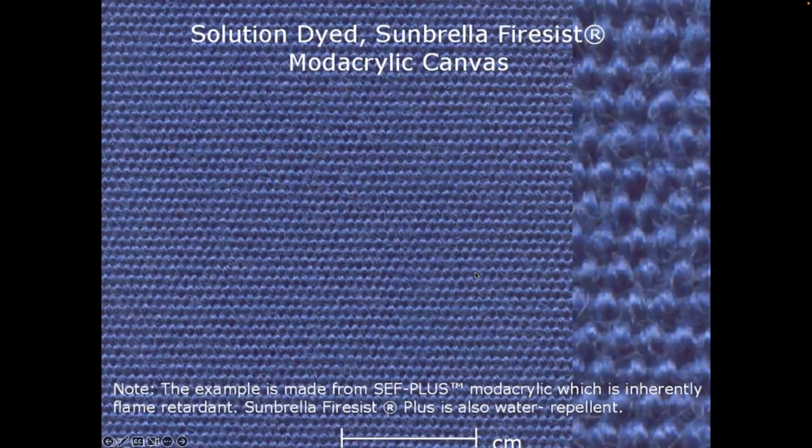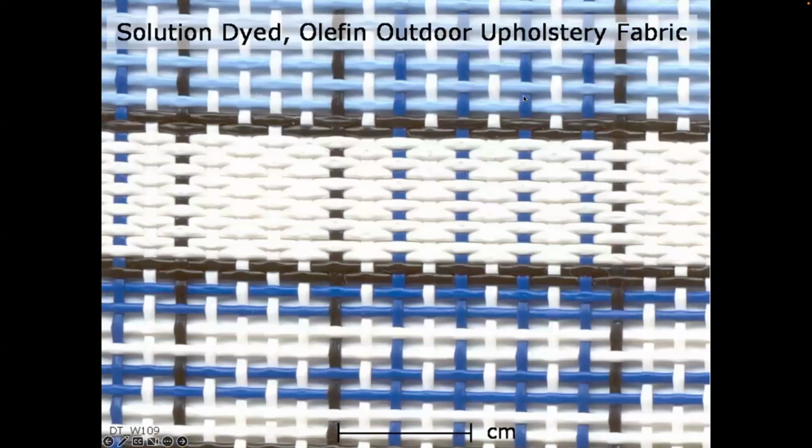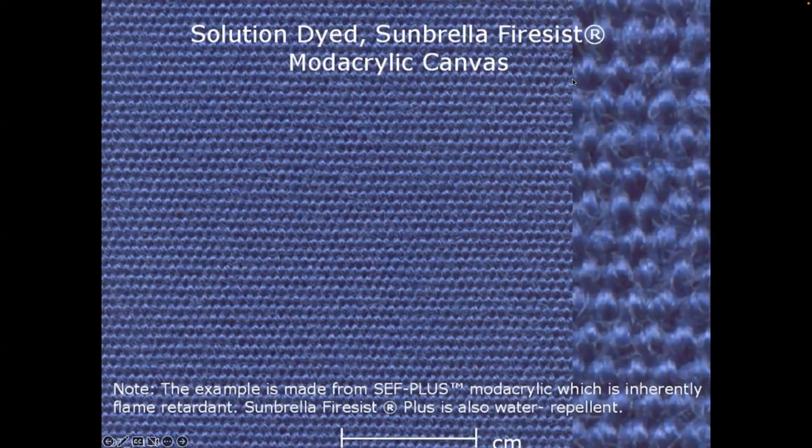So these are solution dyed modacrylic fibers. This is a canvas fabric made out of modacrylic yarns. The Sunbrella brand is actually a popular brand that is used for outdoor umbrellas and things like that. And this Fire Cyst is the registered trademark, and you just dye this as a solution and make these colors.